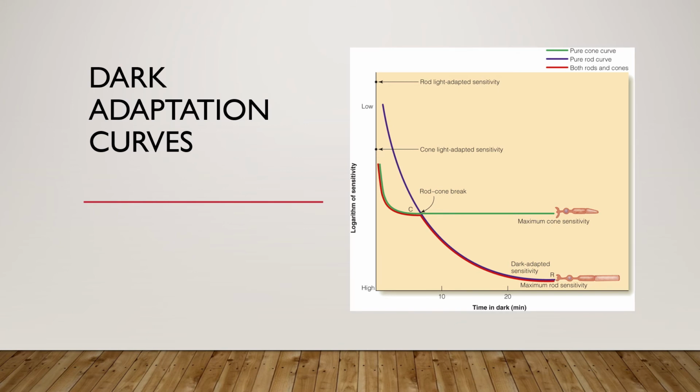So this is again off in the periphery, but they have no cones, so this is just their rods. You can see that their threshold is much higher than the cone light adapted sensitivity. They are really not very sensitive to this test light. We turn off the lights. You can see it takes a little time before they even start lowering the test light at all.